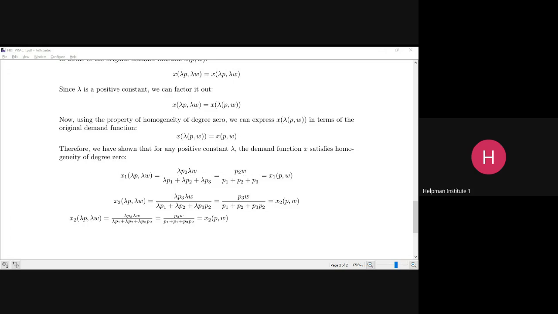So let me factorize out all lambdas. When I factorize out all lambdas here, I'll be having lambda to the power of zero here. Let me include that lambda to the power of zero so you can see what I meant by that.